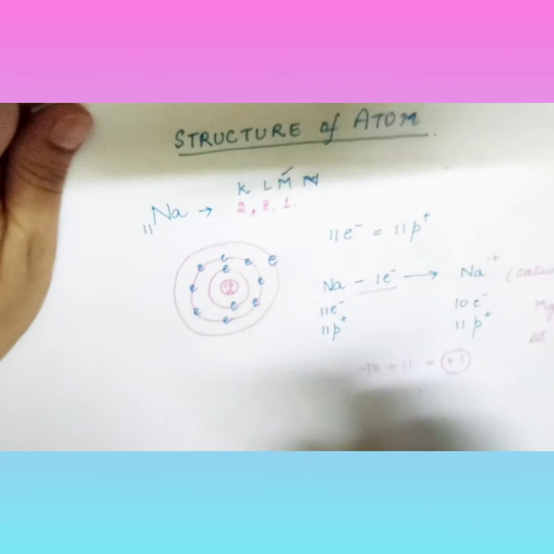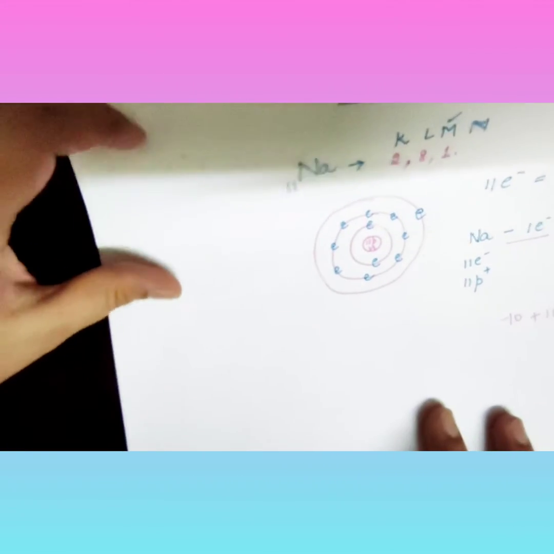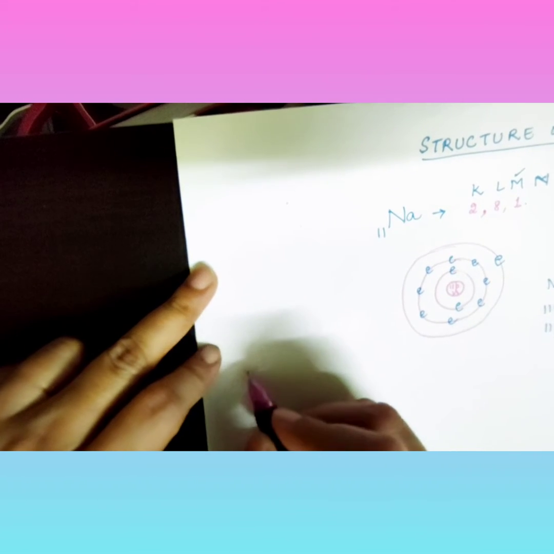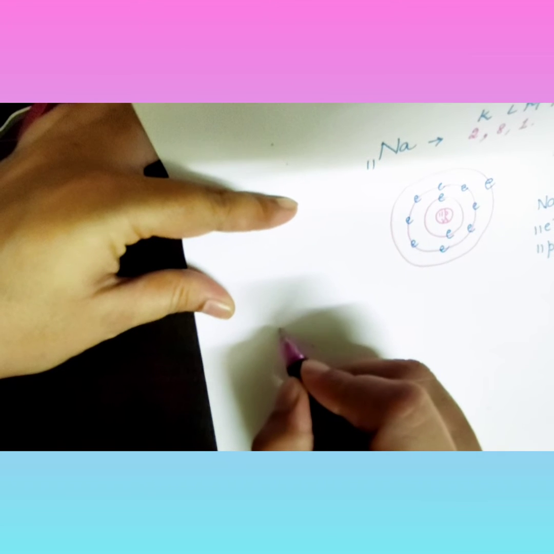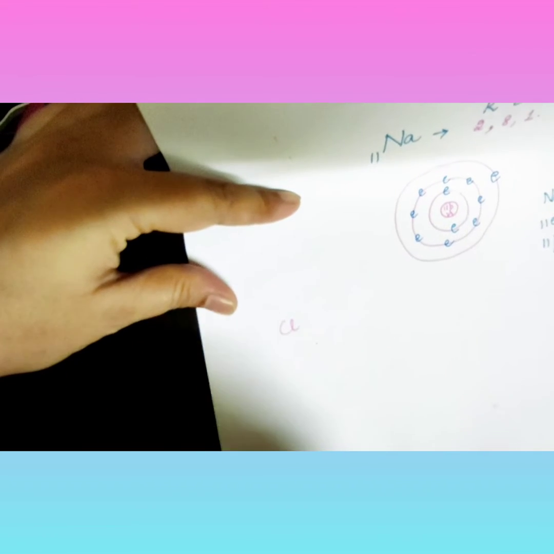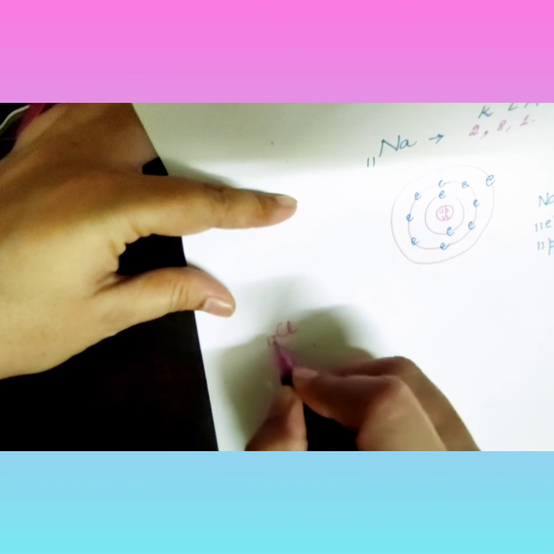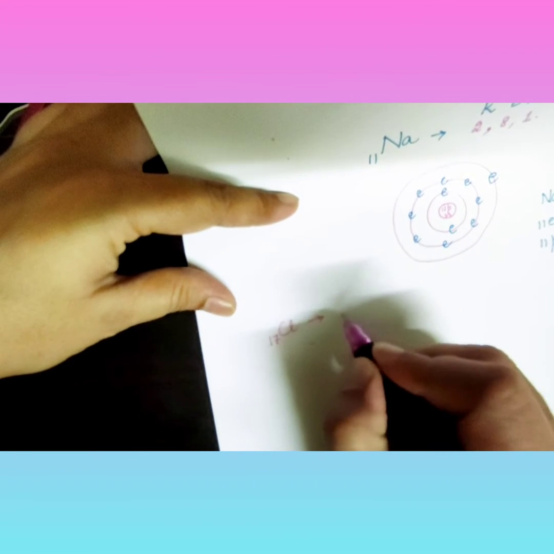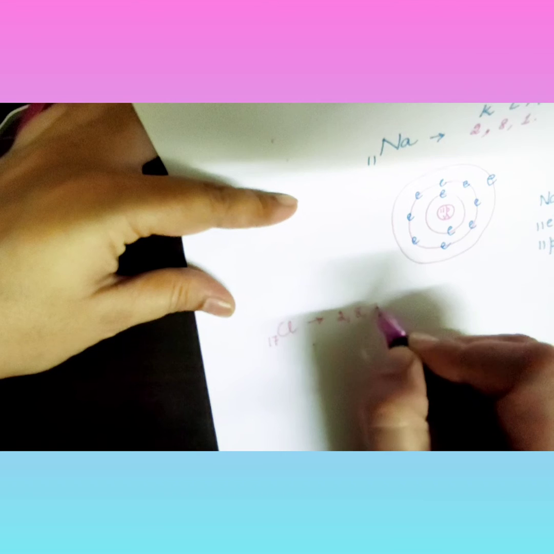Now let us discuss the case when the atoms gain electrons. We will discuss this by considering the case of chlorine. Let's have chlorine, Cl, atomic number 17. Start filling the electrons, 2, 8, 7.